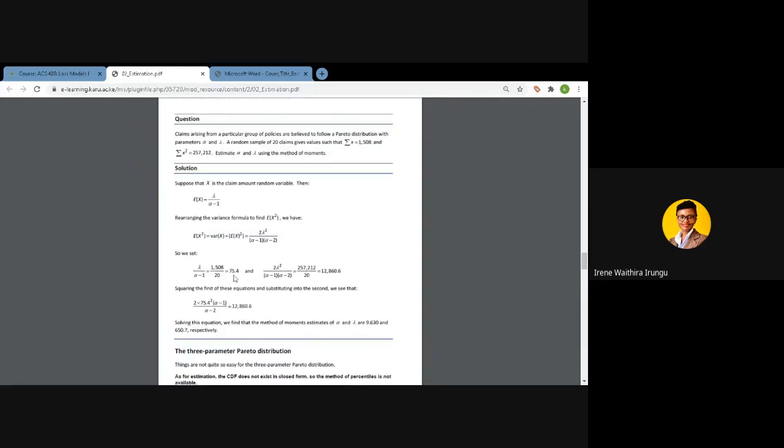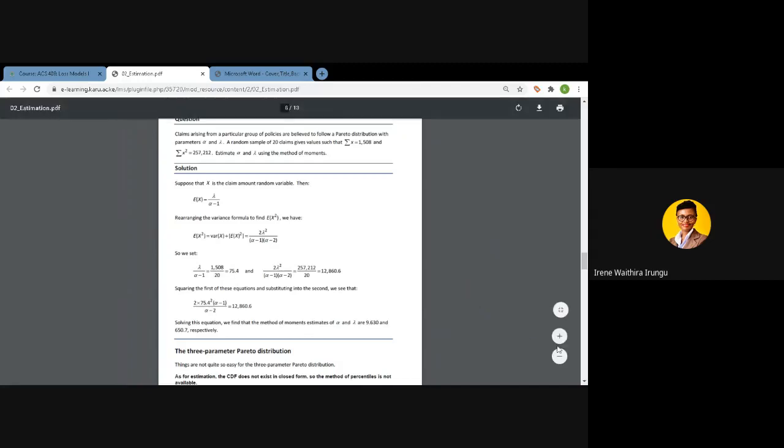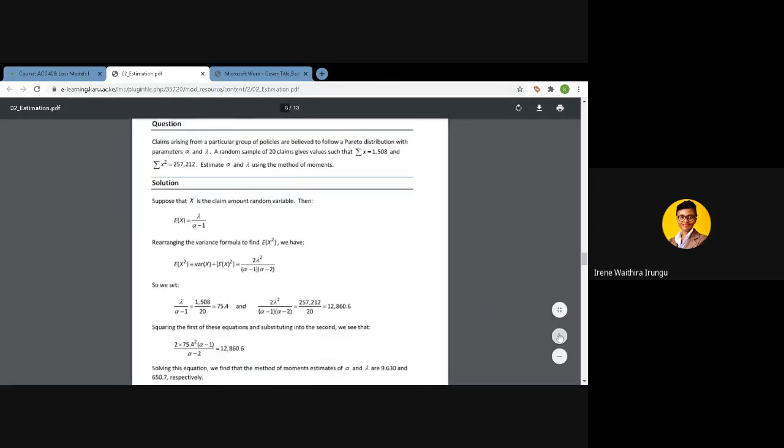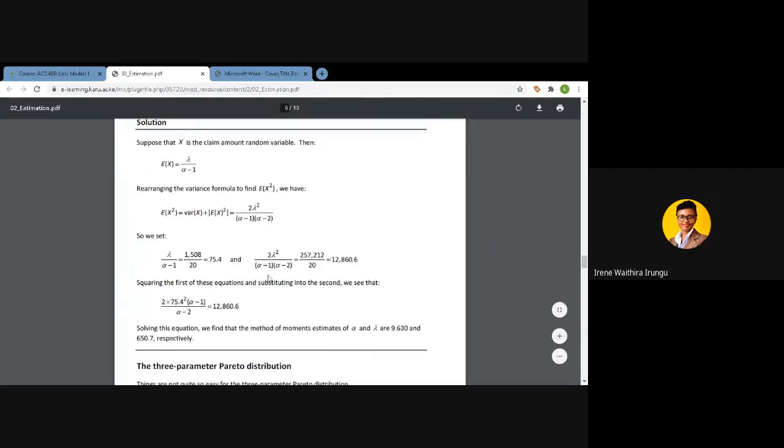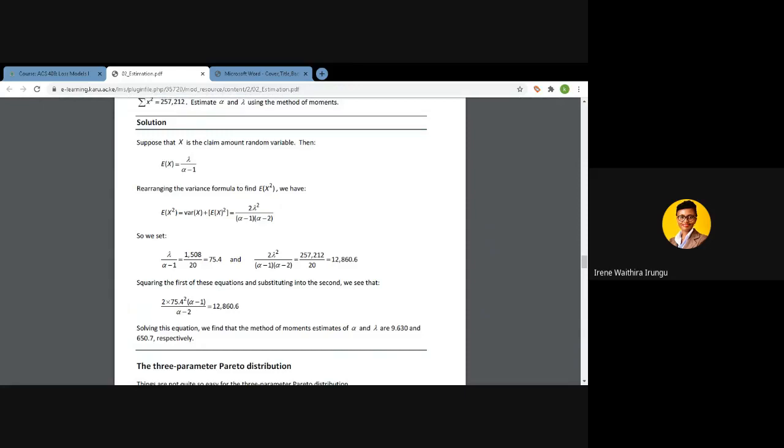And if you square that, what remains would have 2 times 75.4 squared times alpha minus 1 squared.